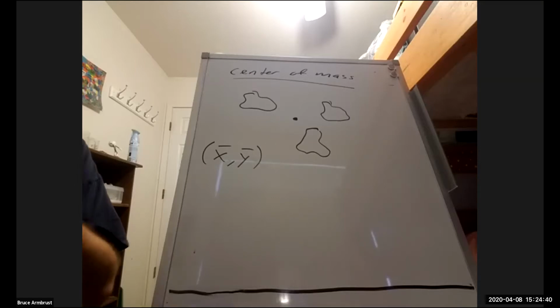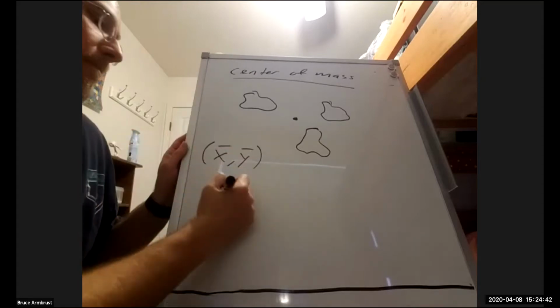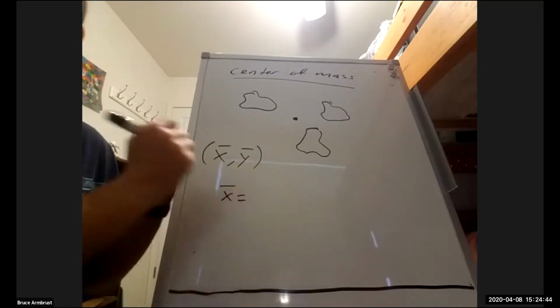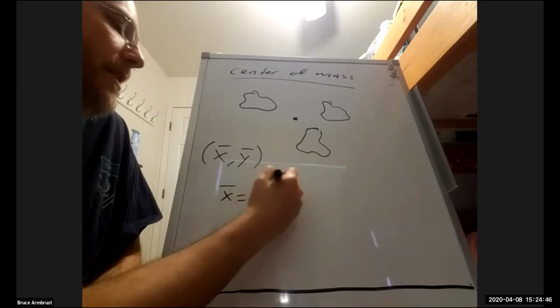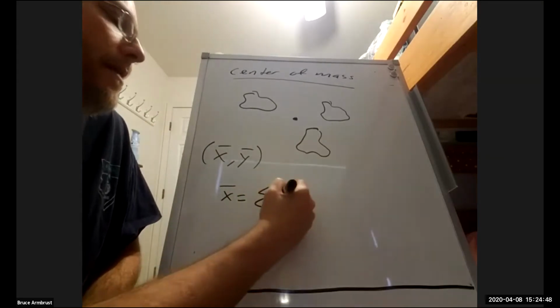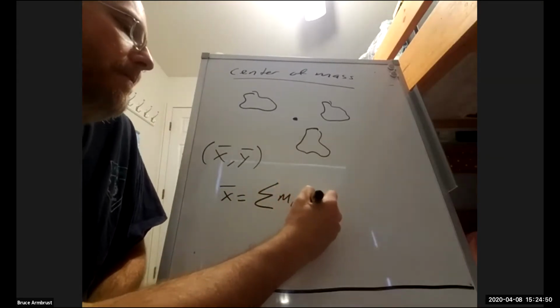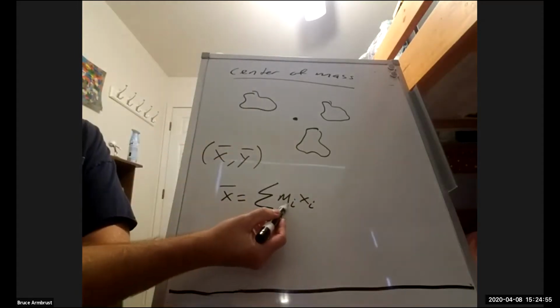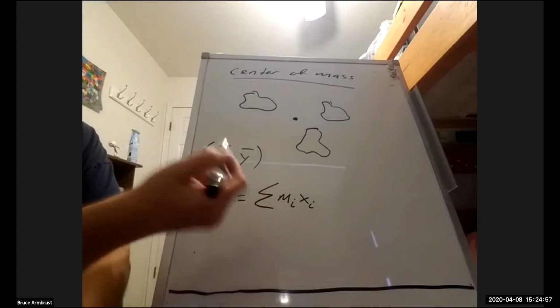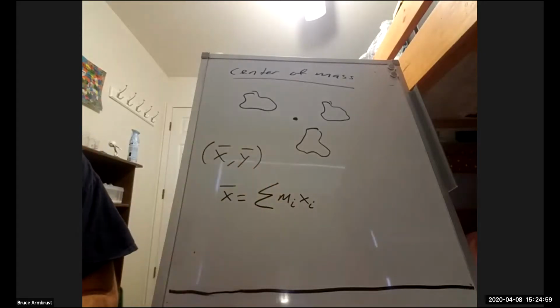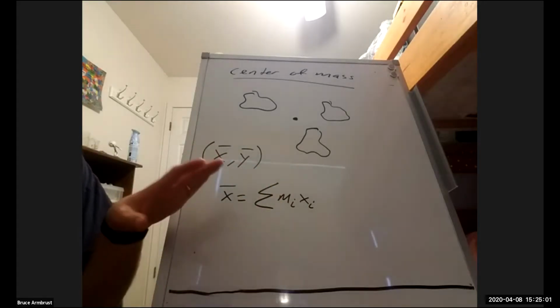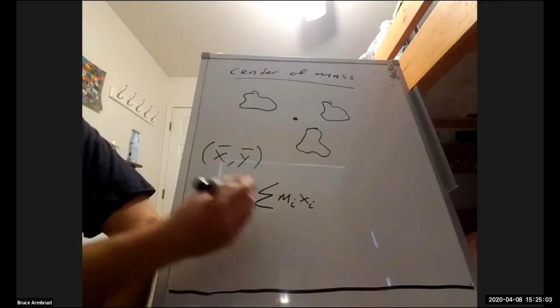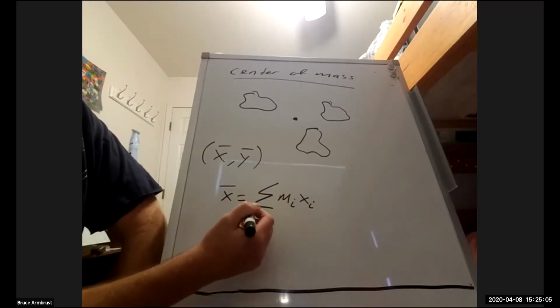All right, so the way that we define these, X bar, what we do is we take the sum of the product of the masses and the positions of the individual objects. And I'll show you some examples so that you can see where this is coming from. But we take that sum.